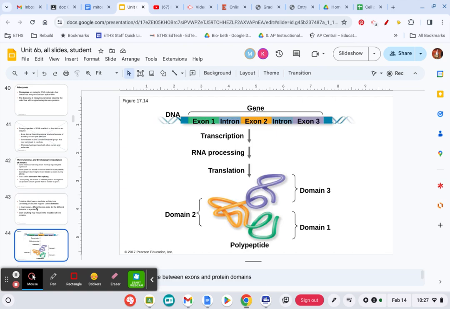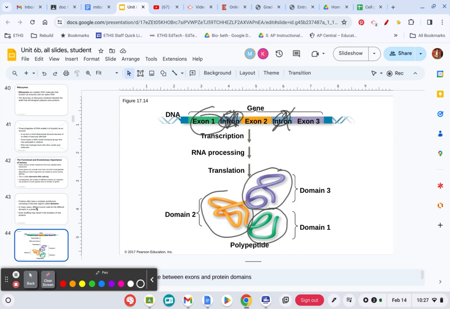Here's an example. I have a gene, some generic gene, and I have a couple of introns. Got one here, and I got one there. So I'm going to get rid of these guys. I'm not going to make them. But I've got one exon that will give me this particular domain. I've got a purple one that will give me a different one, and a third one that will give me this last orange shape. And that can be changed around.